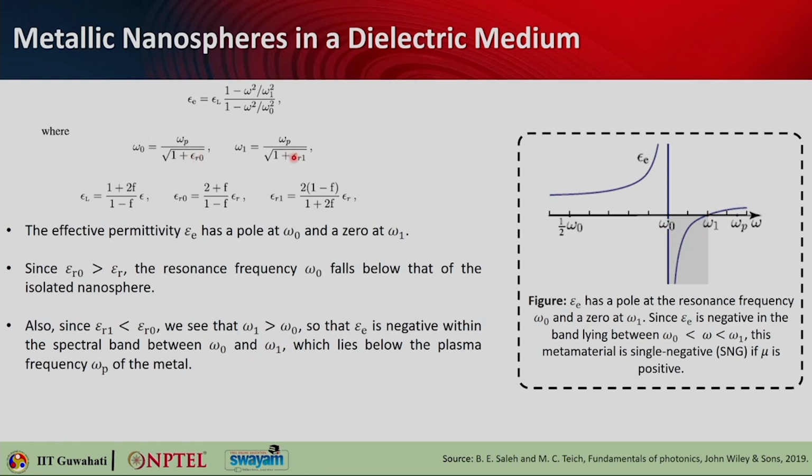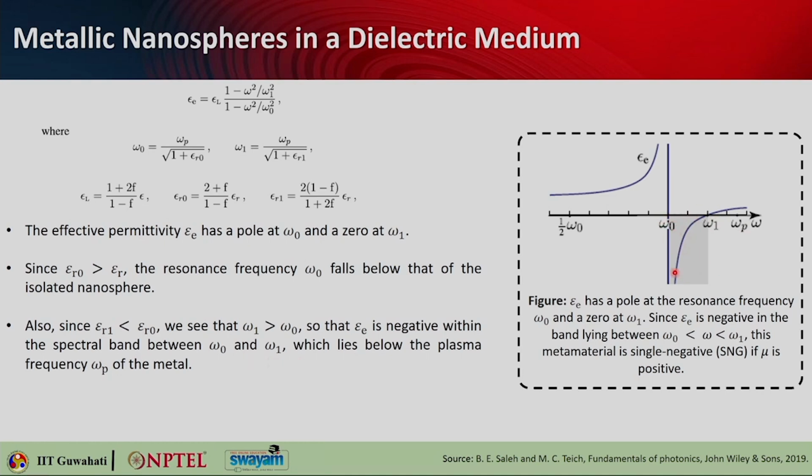So if this is larger than this one, this will be larger than this one, right? In that case, epsilon e is negative. This is the condition where epsilon e is negative, and that will remain negative within this particular band, where omega naught and omega 1 is the frequency band.